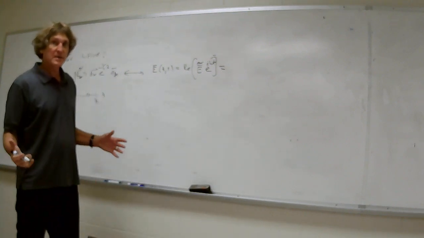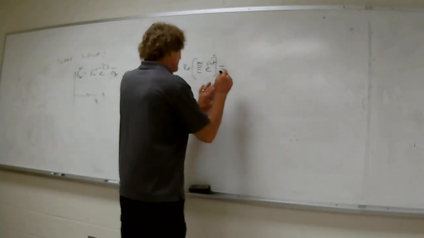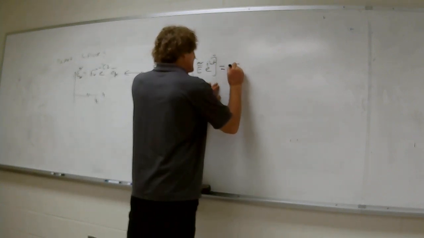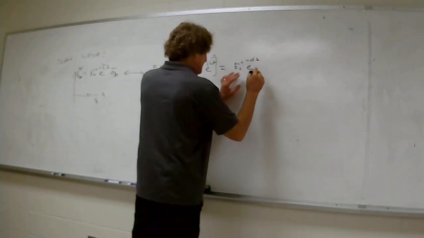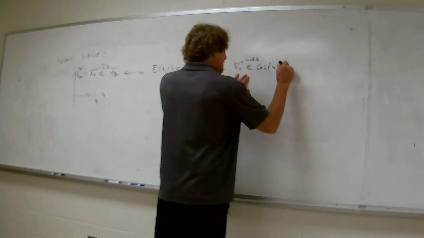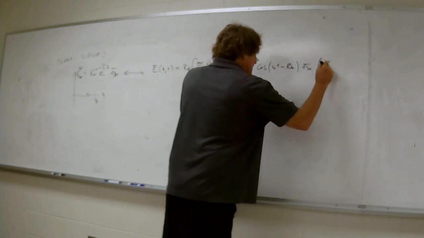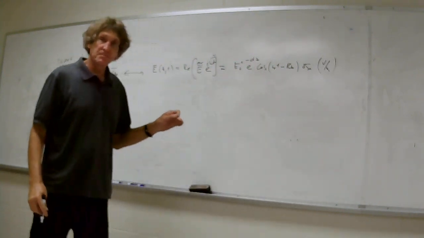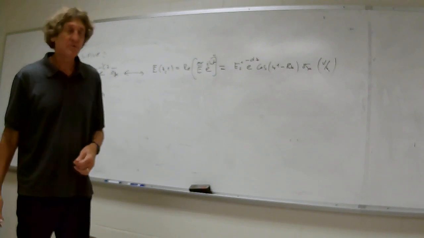The only thing that does is turn it into a cosine with the argument omega t minus beta z. So this turns it into E naught plus e to the minus alpha z times cosine of omega t minus beta z in the a_x direction. That would be volts per meter. We have this in the notes from last time.